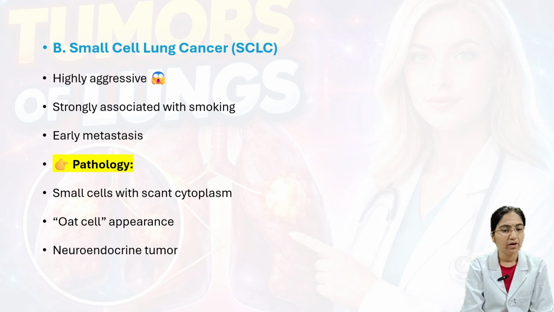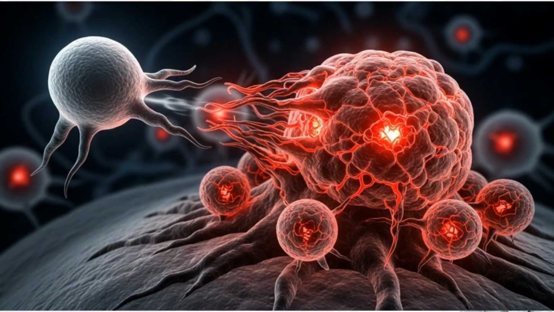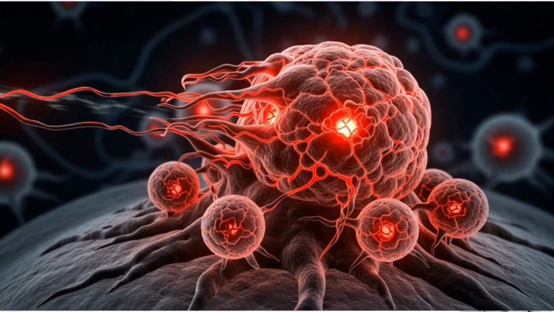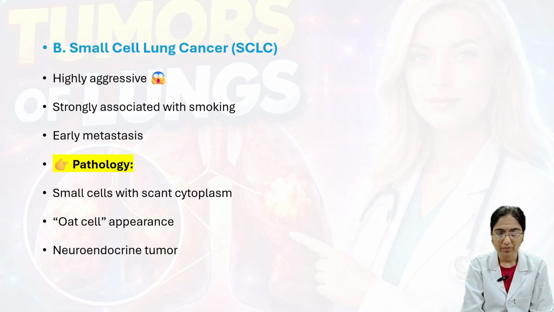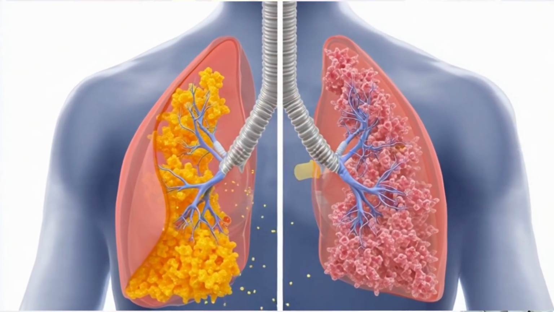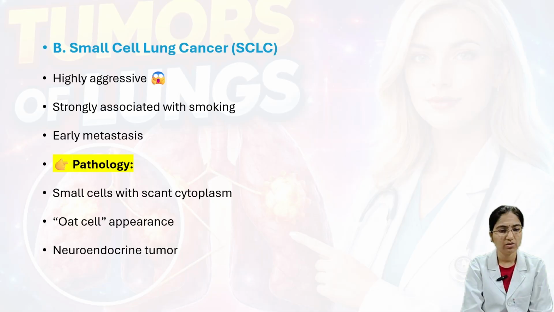Next is small cell lung cancer. Here it is a highly aggressive one and strongly associated with smoking, with early metastasis spreading. In the beginning stage only we can see the spreading. It spreads to other parts, other organs.